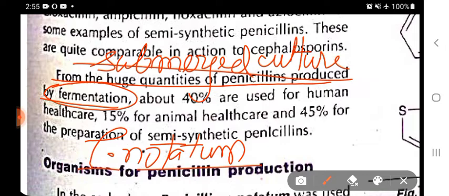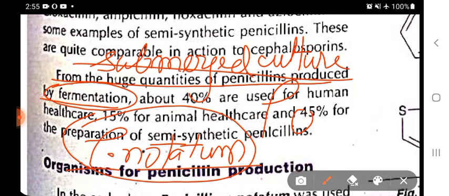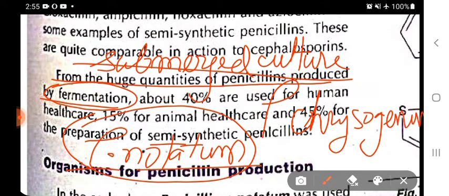But nowadays, for commercial production of penicillins and semi-synthetic penicillins, we go for Penicillium chrysogenum, spelled C-H-R-Y-S-O-G-E-N-U-M. So normally we now use Penicillium chrysogenum for the production of penicillin, and all this is done by fermentation.